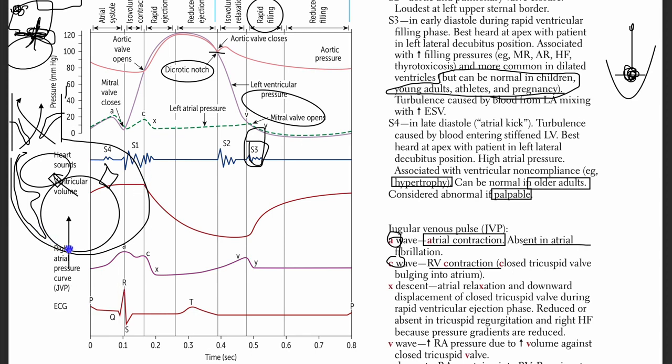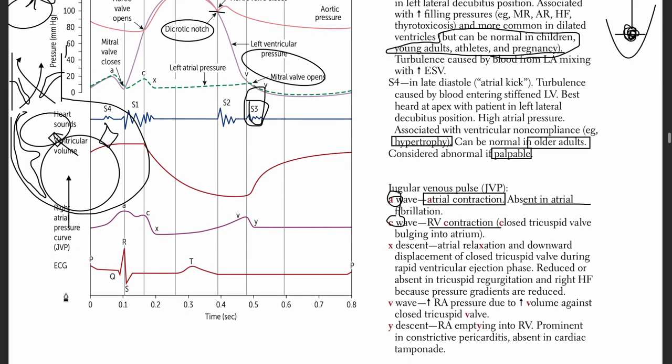Then you have the right atrial pressure curve. That's jugular venous pressure, or JVP. Up till here it's the same, right? Atrial contraction happens, so this one goes up. Just imagine the superior vena cava, if not the jugular venous, so you can just think of SVC.